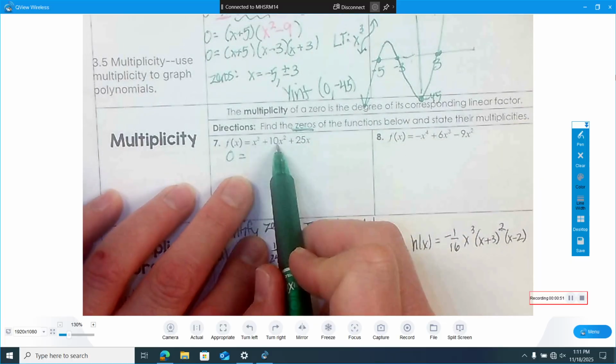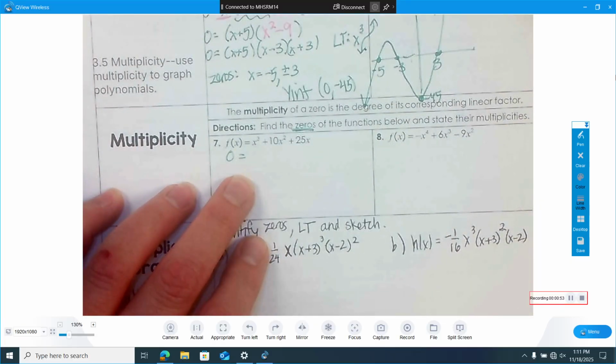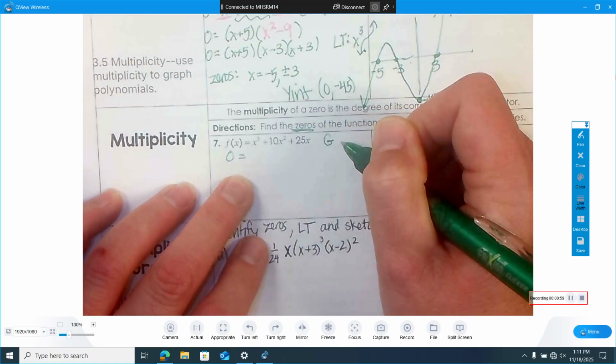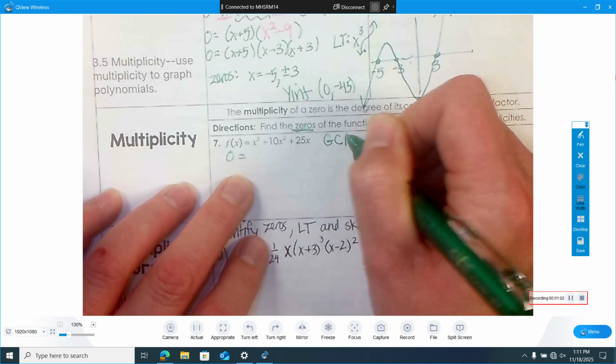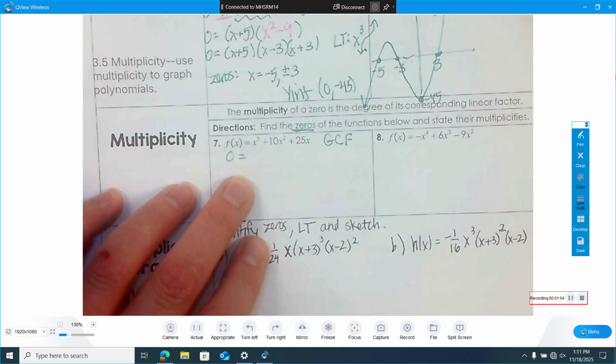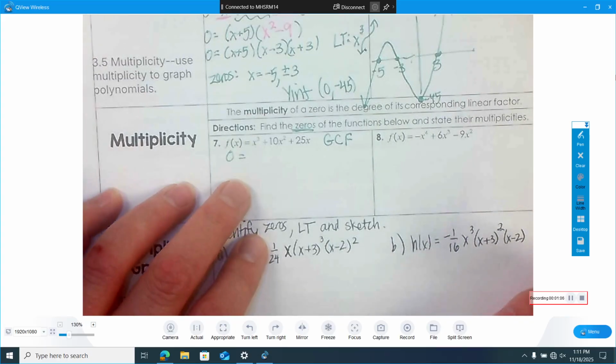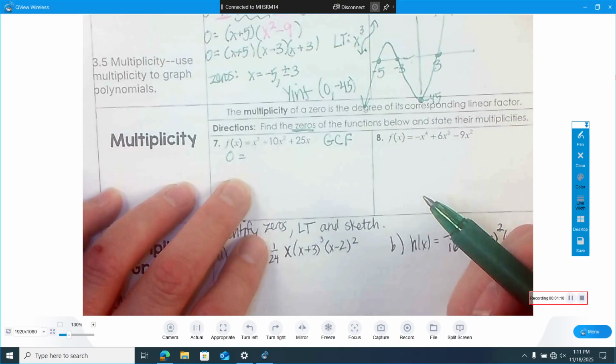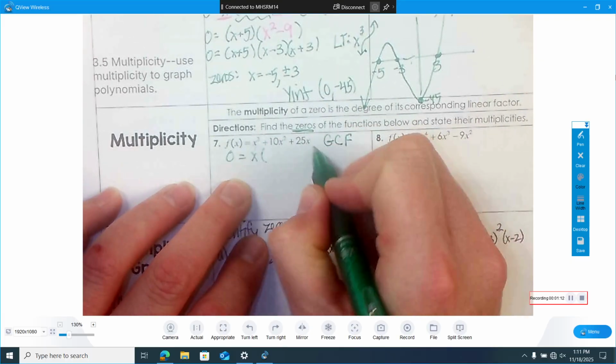And when I look at these three terms here, is there something we can do? GCF, greatest common factor. Yeah, what do they have in common? All three terms have an x. We need to stick it out.